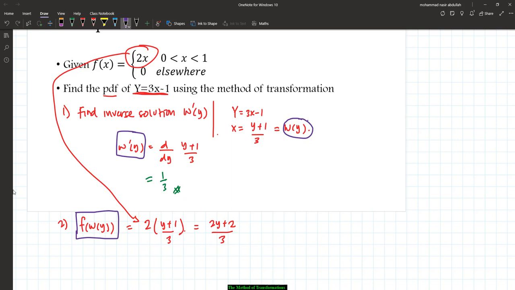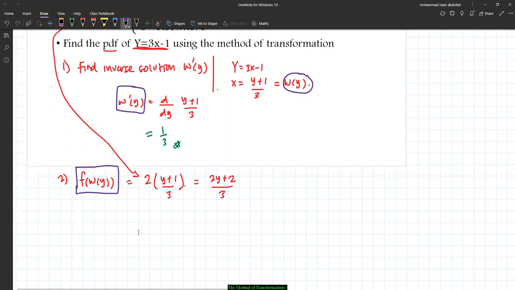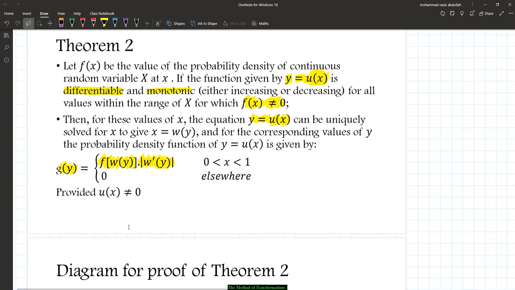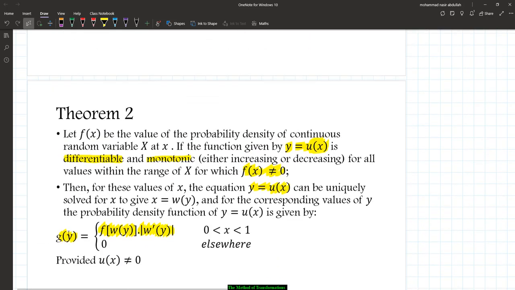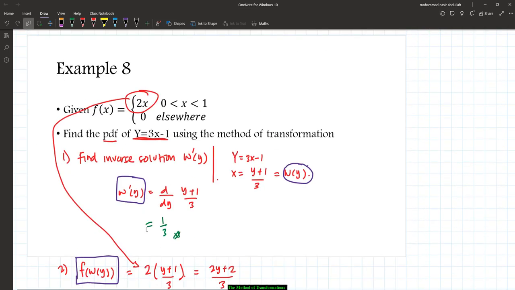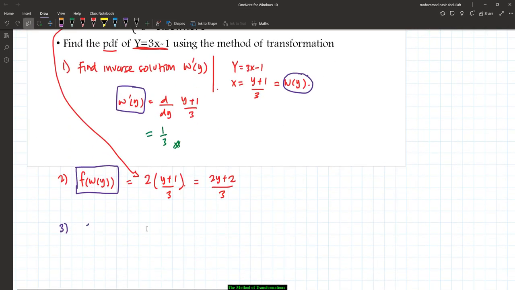So step number 3, we use the theorem that says g(y) should be equal to f(w(y)) multiplied with the absolute value of the derivative of w(y).